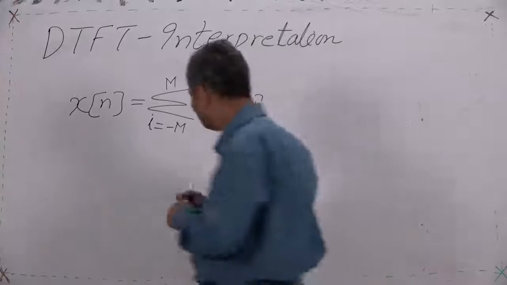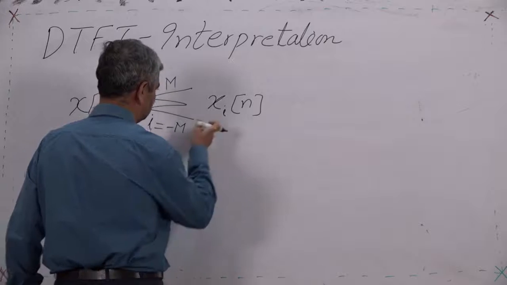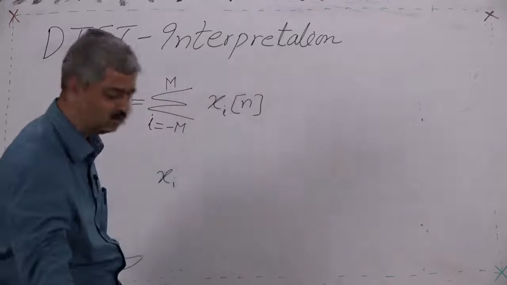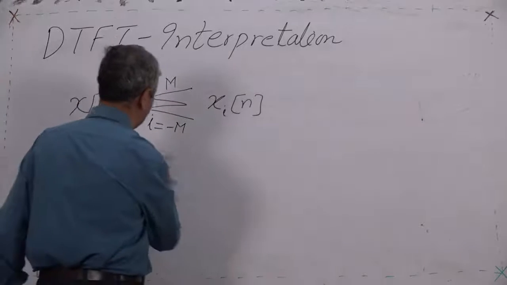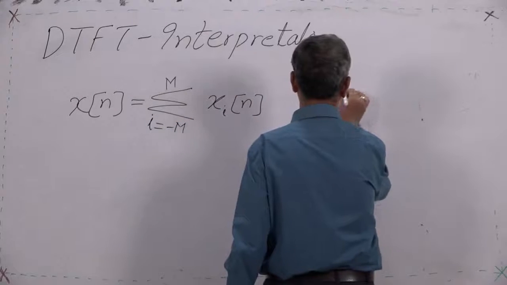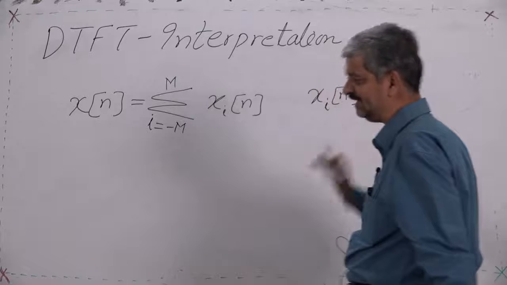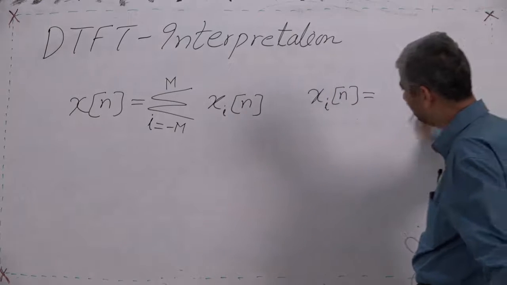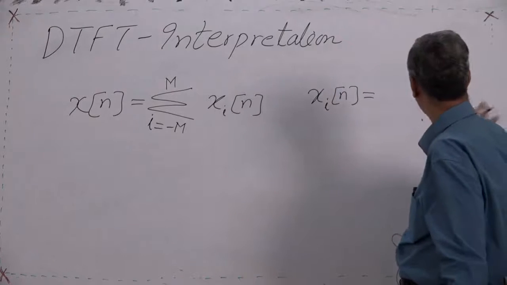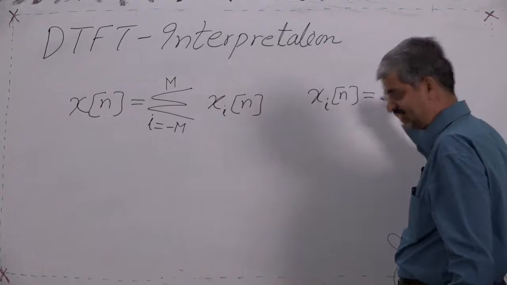And what is x_i? Given these subsequences are known, meaning they are of predefined nature, any x_i[n] is a rotating point on a given circle.